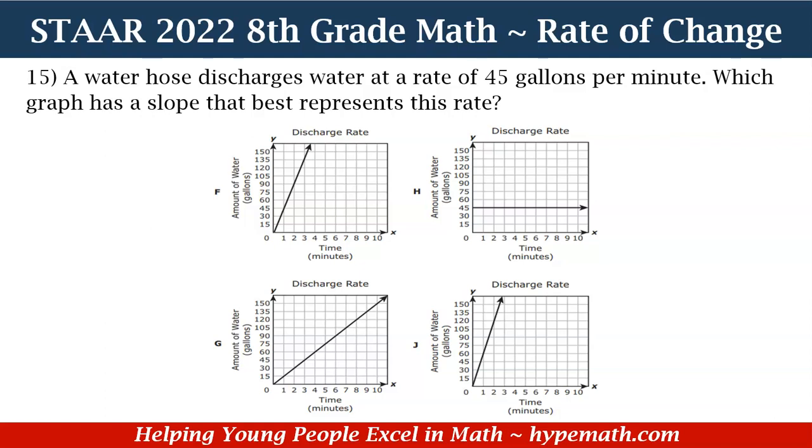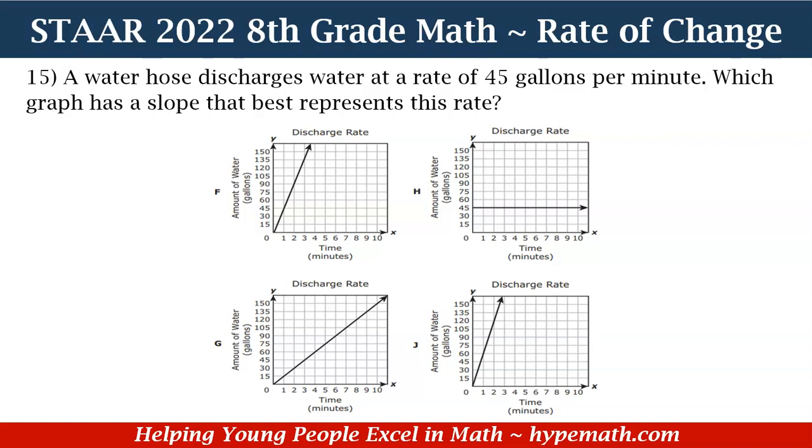For our y-axis, we have gallons, and we are counting by 15. The same thing for H, also for G and J, okay? For all of them, we have minutes for our time for our x-axis counting by ones, and for our y-axis, we're counting by 15.